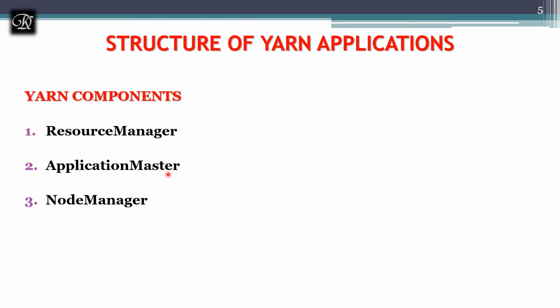The resource manager will attempt to fulfill the resources requested by each application master according to the availability and scheduling policies. Once the resource is scheduled on behalf of the application master, the resource manager generates a lease for the resources.